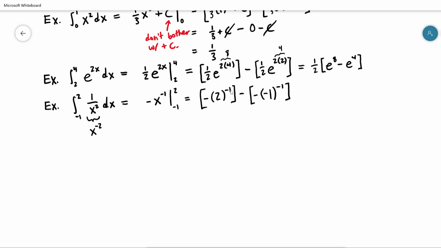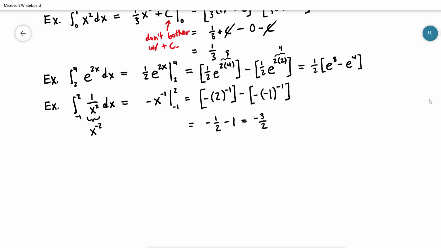The 2 to the -1 power, that just means that this is the same as a 1/2, and the negative sign just persists. So this is just going to be -1/2. For the other piece, I'm going to have 1 over a -1. But this negative sign will cancel with that negative sign, so it'll be 1 over +1, which is just the same as 1. And then I'm subtracting that, so 1 additional minus sign. So we've got 3 minus signs here. Triple negative, which stays negative. We've got a -1 here. And what do we get out of this? Negative 3/2. So negative 1/2 minus 1 is negative 3/2.